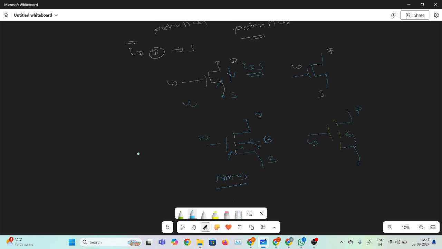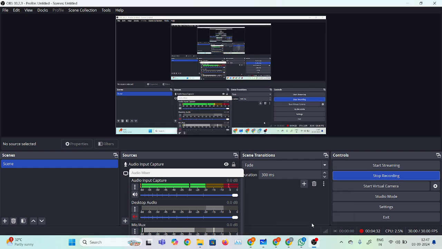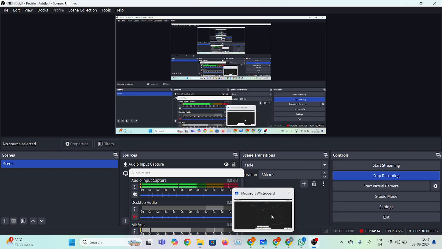This is the arrow direction, this is the body terminal, and this is the source terminal. This figure is also an NMOS. Mostly in digital design I use this figure. In analog design, these three kinds of figures are used, but in digital I use only these three.